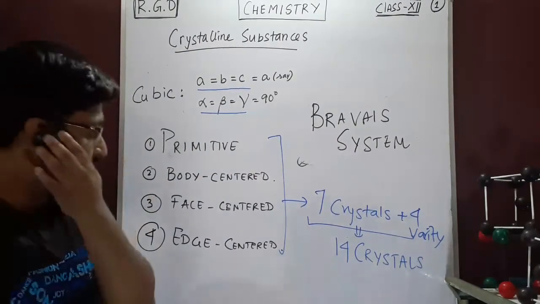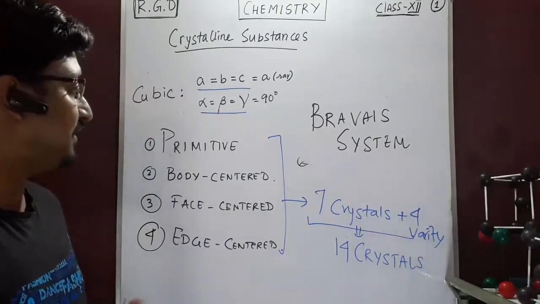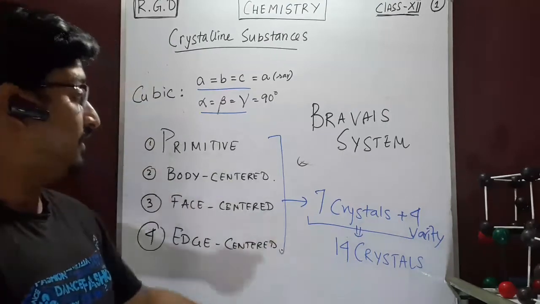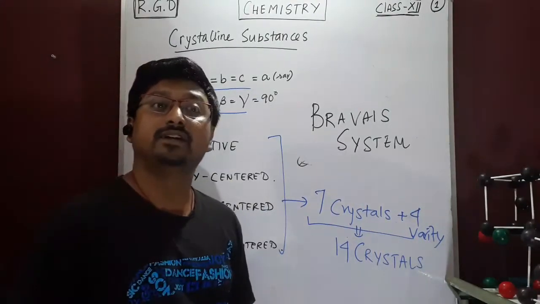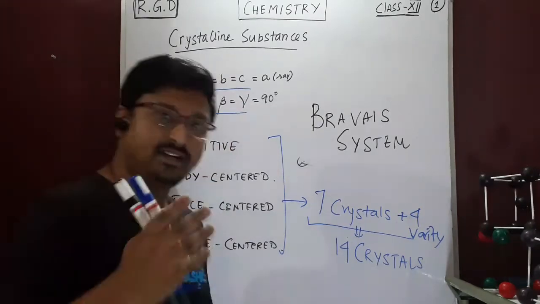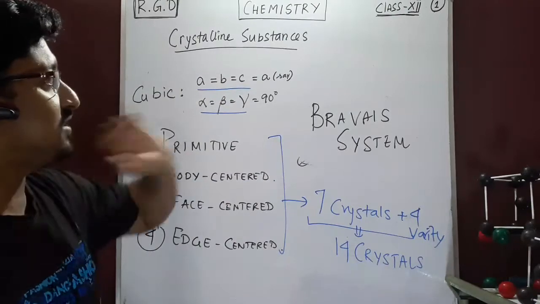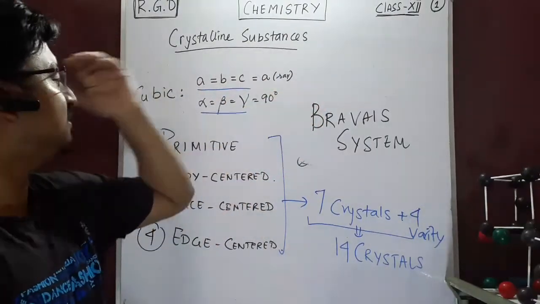Now I will go through each of the seven crystal systems and take the four varieties, and I will say which variety occurs in which crystal system. I will not draw the structures because drawing them will take a lot of space.